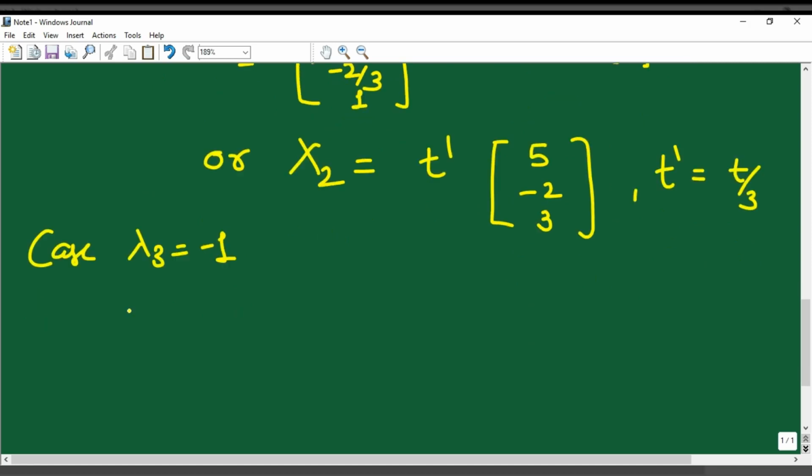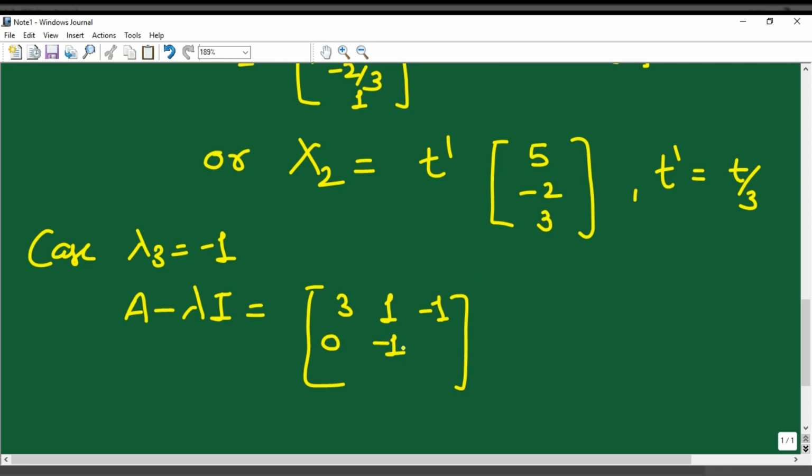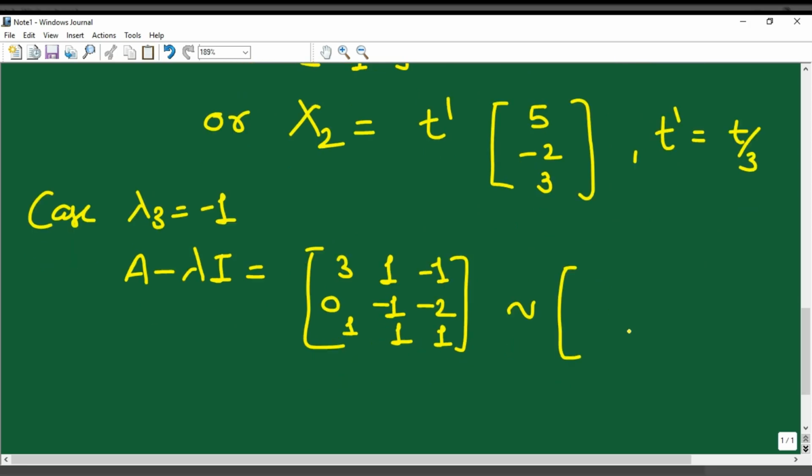Now let's go to the third case, where the eigenvalue was minus 1. For the third eigenvalue, A minus lambda I simplifies to: 2 minus of minus 1 is 3, then 1, minus 1; 0, minus 2, minus 1; and 1, 1 and 0 minus of minus 1, so plus 1. This is clearly equivalent to, what I'll do is take 3 times R3.